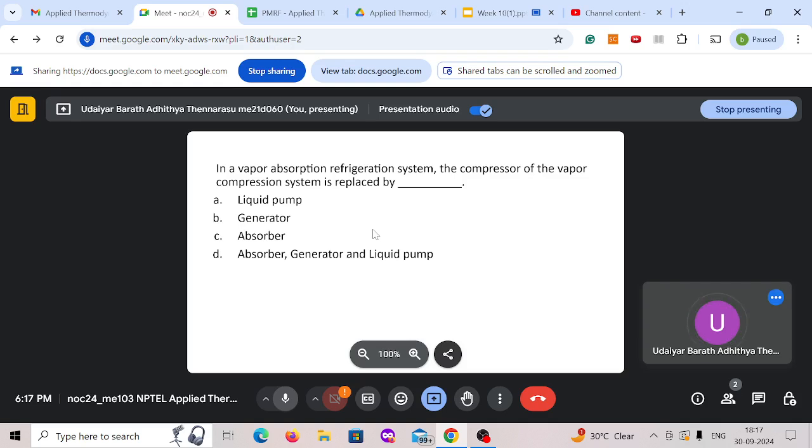The next is, in a vapor absorption refrigeration system, the compressor of the vapor compression system is replaced by dash: A, liquid pump, B, generator, C, absorber, D, absorber, generator and a liquid pump.